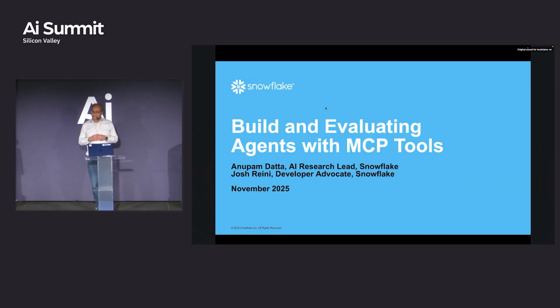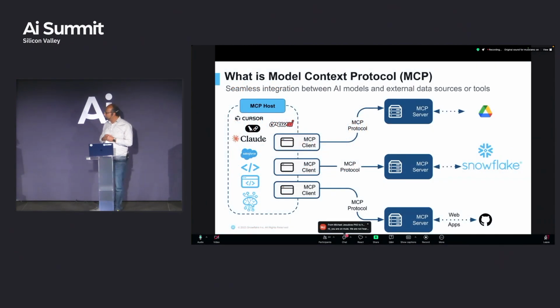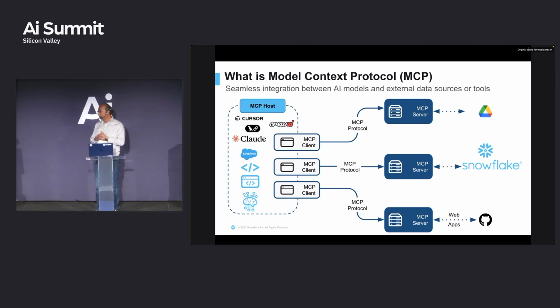So a bunch of folks have already seen what MCP is, but just to bring everyone on the same page, MCP is a protocol introduced by Anthropic, which now has gotten a good amount of adoption, and is starting to become the de facto standard, if you will, for agents to call tools and sources.